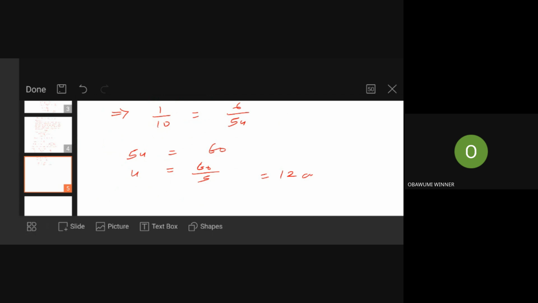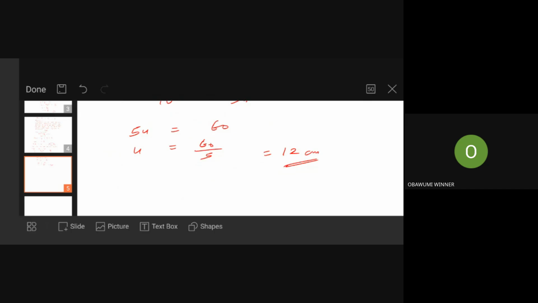So I've gotten the object distance. Our object distance is u, which we obtain to be 12 cm. All right. Having obtained the object distance, the next thing I'm going to do is to calculate the image distance. This is very simple, just put the value of u into the equation.